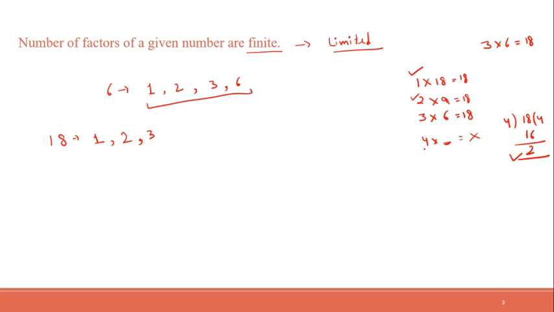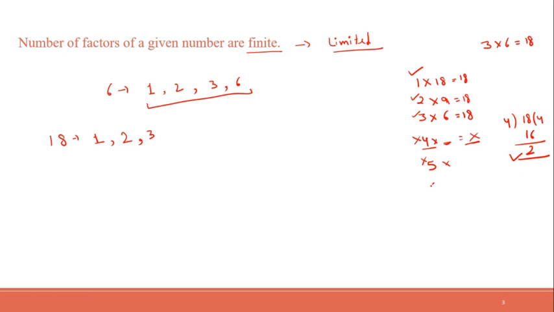So 4 will not exactly divide 18, which means any number multiplied with 4 will not give us 18, so we'll leave it. 4 is not a factor, 3 is a factor, right? Then 5 is also not a factor, because if you divide 18 by 5, you will get a remainder of 3. If you want, you can check on your own.